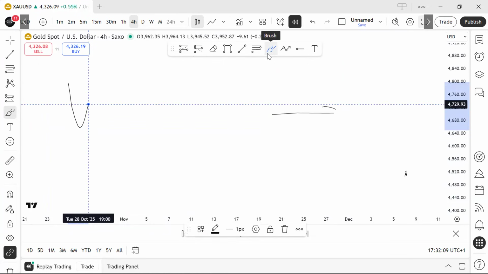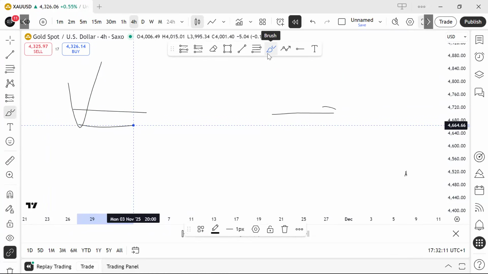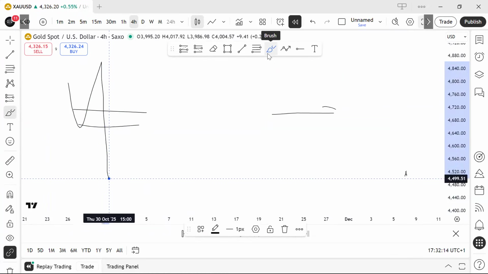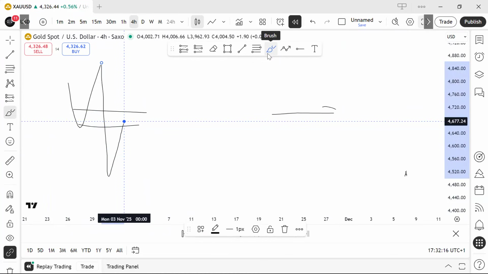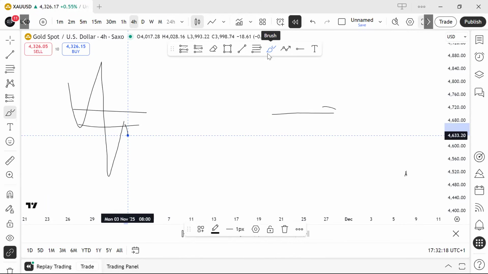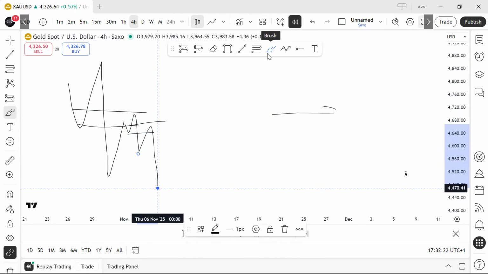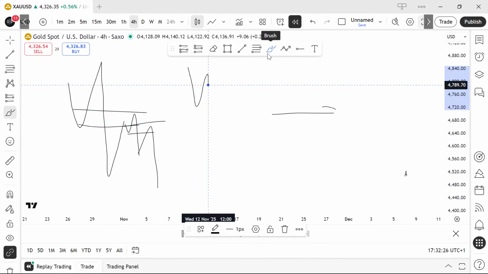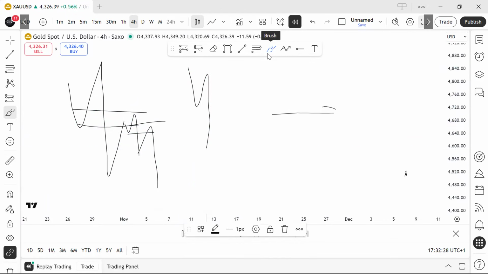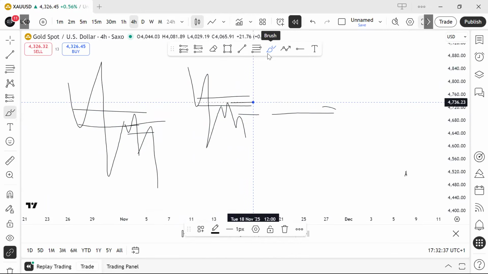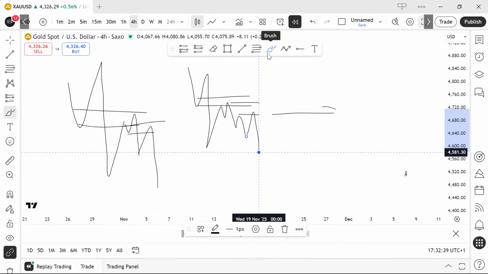Everybody wanted to buy it here, right? Price failed and comes into your POI. You can wait for something like that to happen again and you sell from there. Or you wait for your ABC to form, so price comes into your breaker block and you wait for confirmation using ABC, liquidity, POI, then drop.